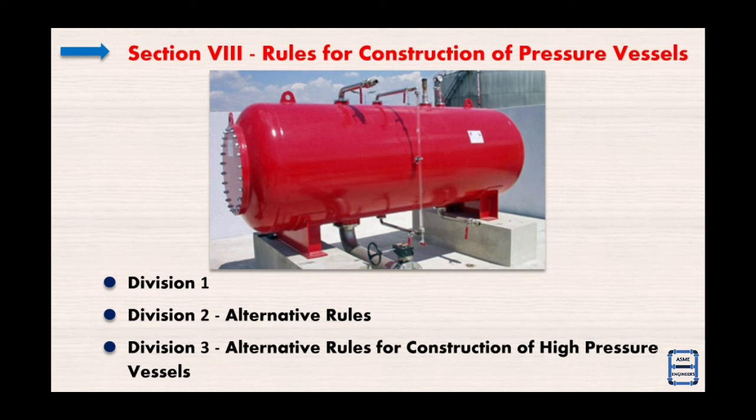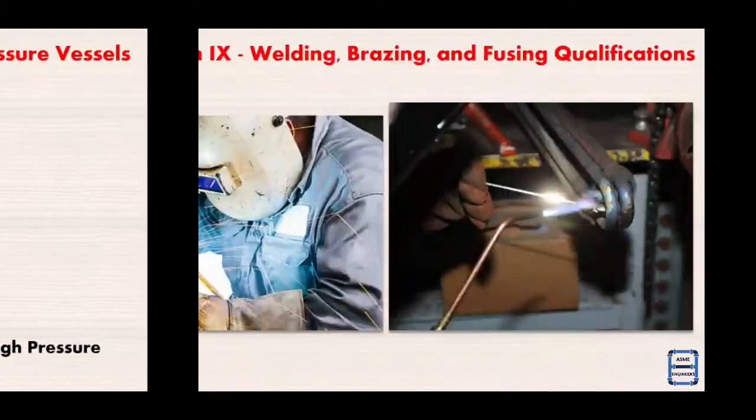Next is Division 3. Division 3 is alternative rules for the construction of high pressure vessels. Here the pressure vessel has internal or external pressure which exceeds 10,000 psi or 70,000 kilopascal.